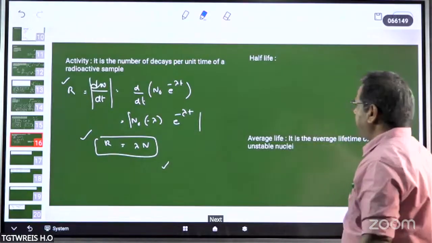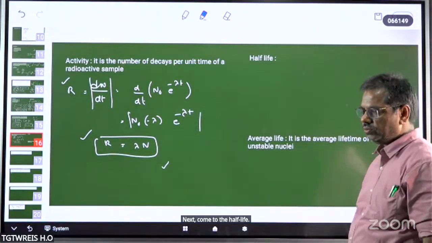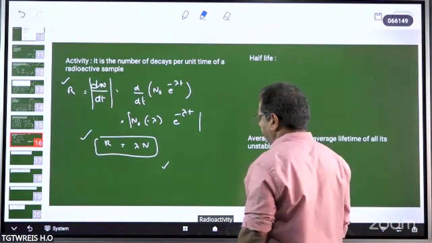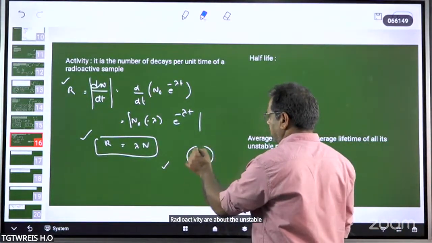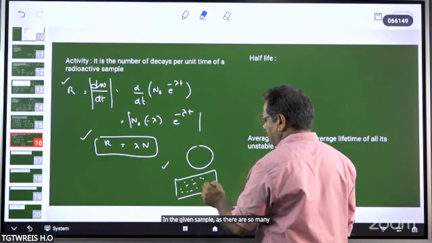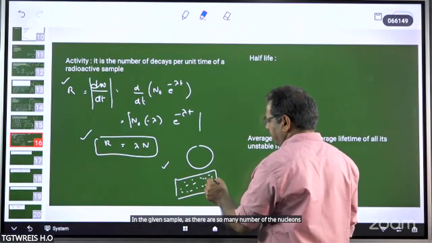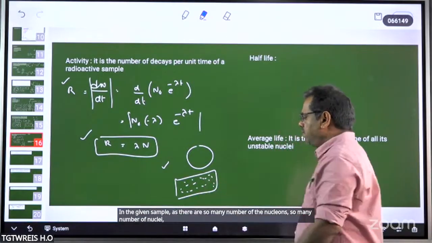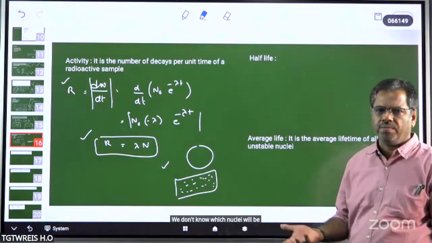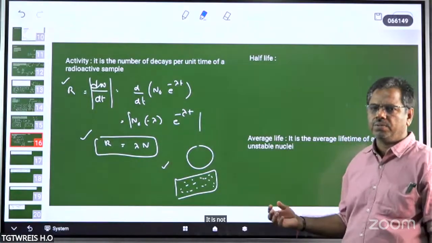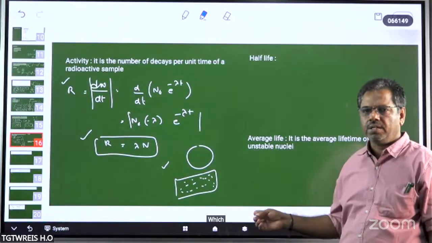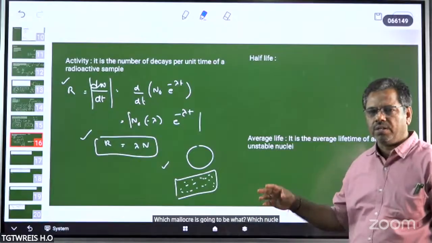Next, come to the half-life. The problem with radioactivity, or with unstable nuclei, is that in the given sample there are so many nuclei, and we don't know which nucleus will disintegrate at what time. It is not possible to understand which nucleus is going to disintegrate.